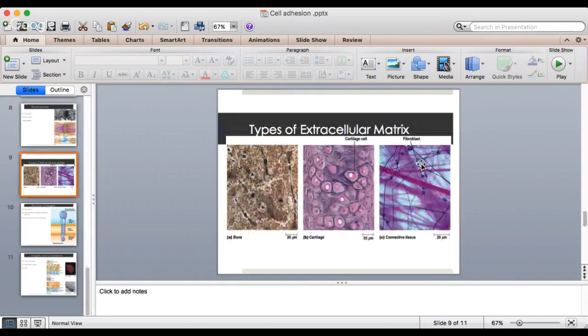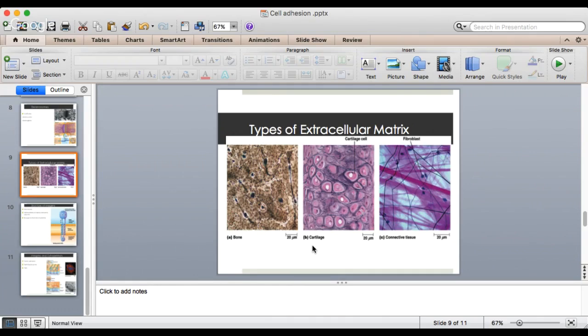So moving on to the types of extracellular matrix. The extracellular matrix is a collection of molecules that hold the cells of tissues together. There are different types of extracellular matrix. First is the bone. The bone is a hard and rigid extracellular matrix with many scattered cells.